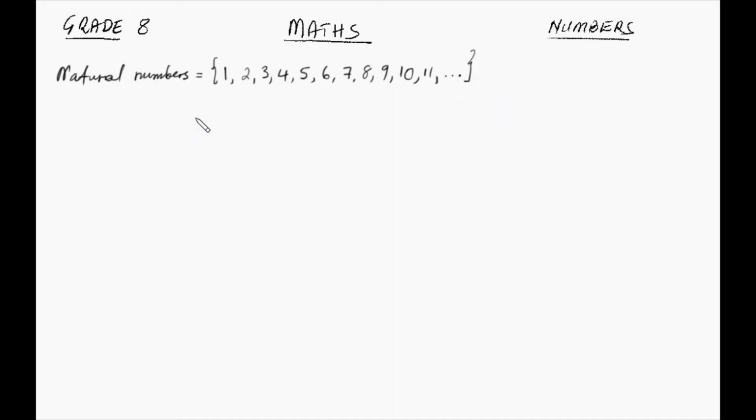Now, from this set, we can take out other sets. Like when we were doing sets, we talked of a universal set, which is a set that contains the other sets. So that means we form the other set from the universal set.